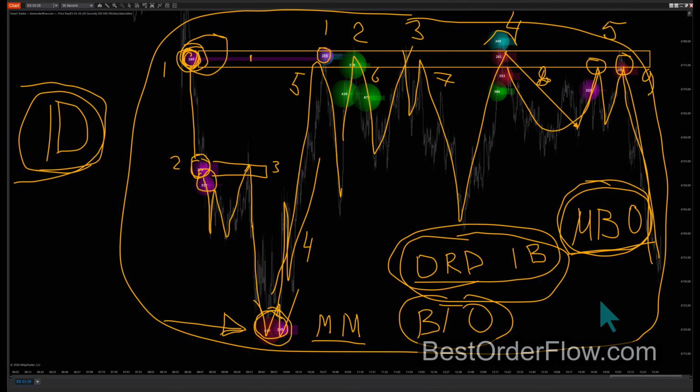We have a special detection to detect and reassemble, because it's not just big volume. You can say, oh, this is a big volume, oh, this is a big volume. Yes, of course it's big volume. But big volume is not equal to the smart trade, okay?